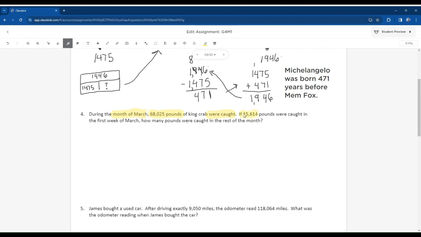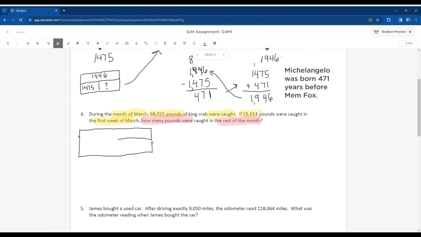Now, 15,614 pounds were caught in just the first week. And we're asked to find, I'll change my color for this, how many pounds were caught the rest of the month. So this is a really good illustration of the part-whole model, or a tape diagram, where we have our whole.